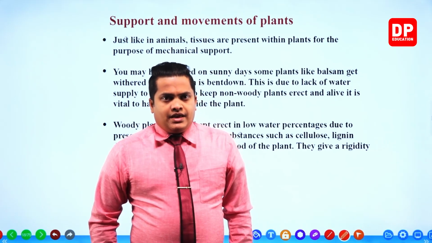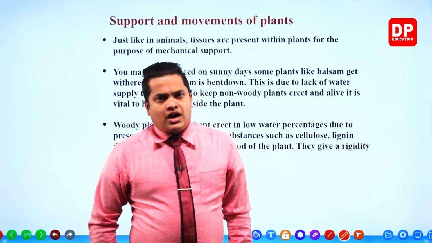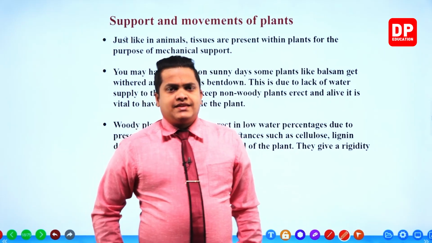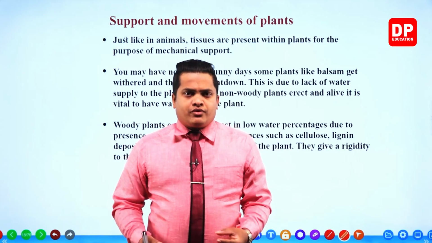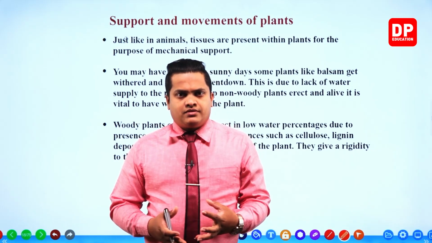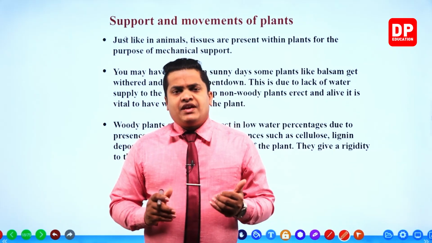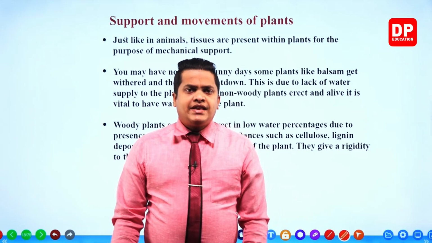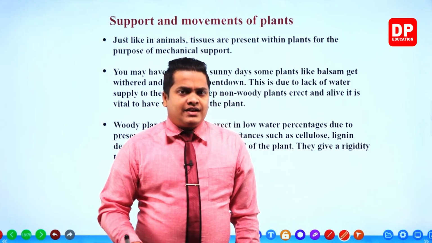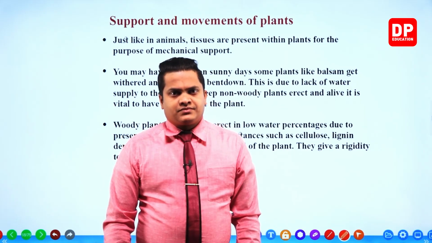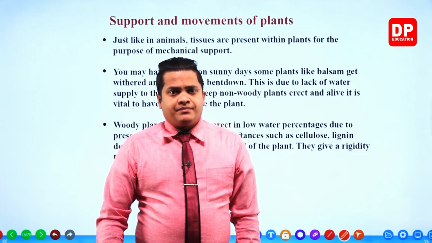On a sunny day, the rate of transpiration is high. It means that a large amount of water vapor is released from the leaves of a plant. So during a sunny day, the vaporization of water increases, and less water will be retained within the stem.